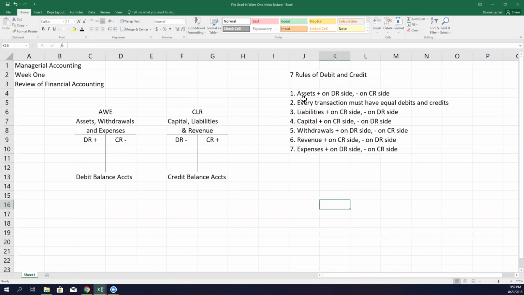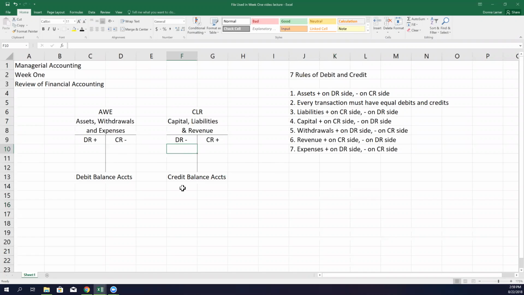Assets increase on the debit side and decrease on the credit side. Every time you write a transaction, you must have equal debits and credits. So if I do a $30 credit, I've got to do a $30 debit somewhere. Liabilities, capital, revenue, withdrawals, and expenses, just as we talked about here, they're written out in the 7 rules.